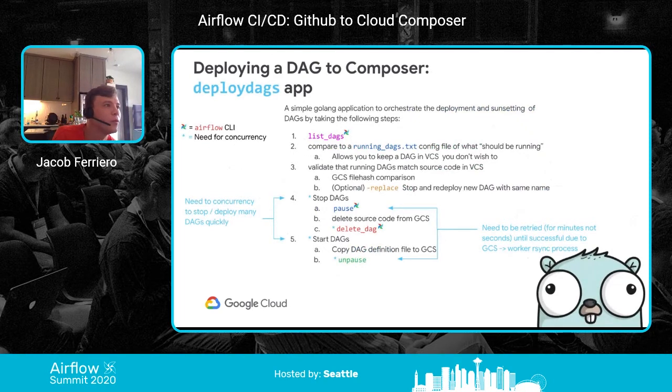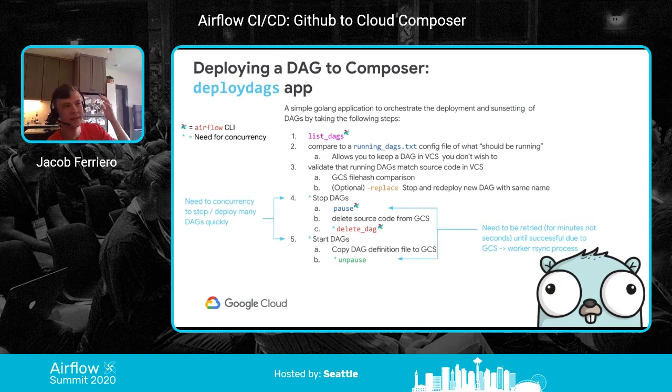deploydags is basically responsible for comparing the DAGs deployed in your Composer environment to a list of DAG IDs that you expect to be running after this build. It will stop any DAGs that are running in Composer but don't appear in the running dags.txt.